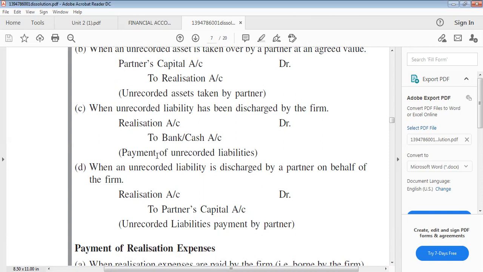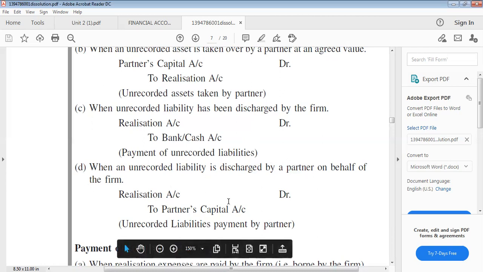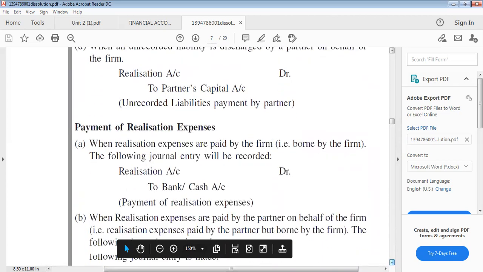Payment of unrecorded liabilities. All right. When the unrecorded liability is discharged by a partner on behalf of the firm, debit realization account and credit to the partner's capital account. All right.